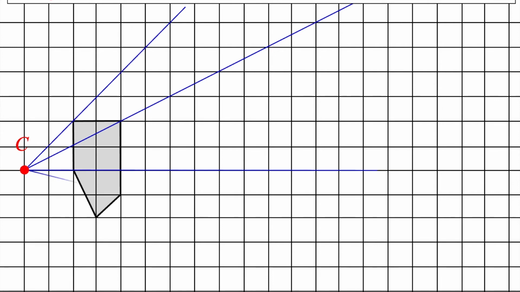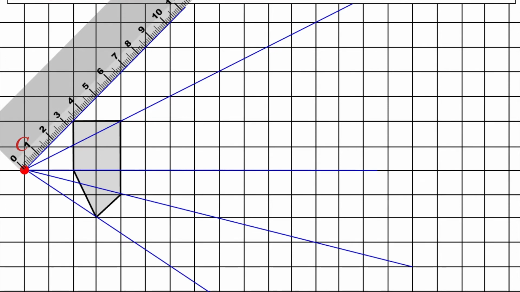So having drawn your construction lines, what you can do is literally measure the distance from the center of enlargement to the first point where it contacts your object. That's the first one, that's a second one, and that's a third one.